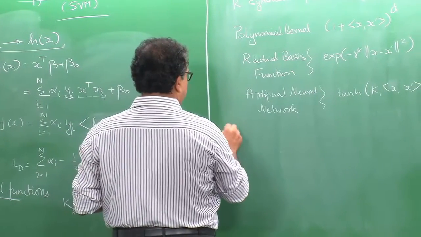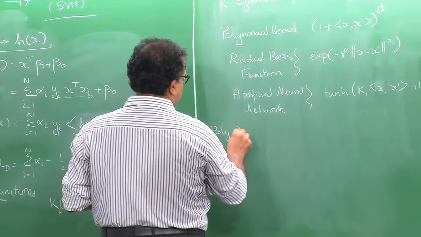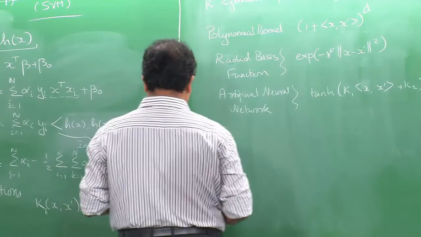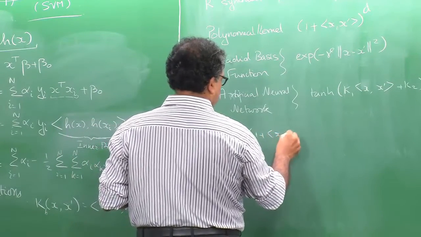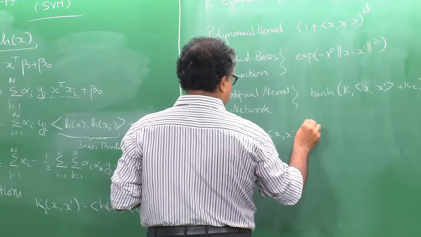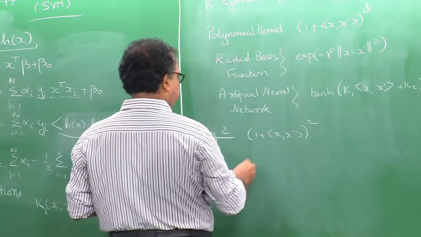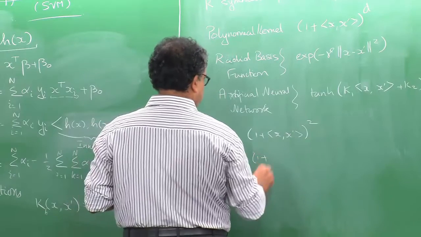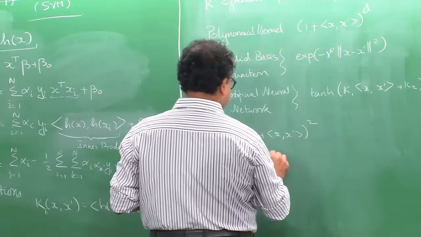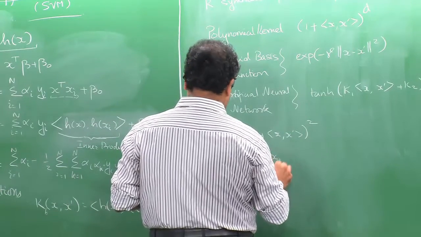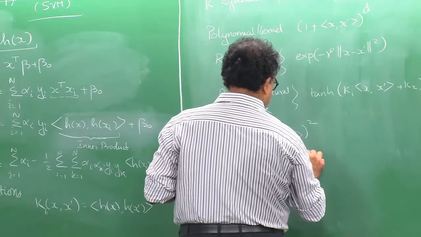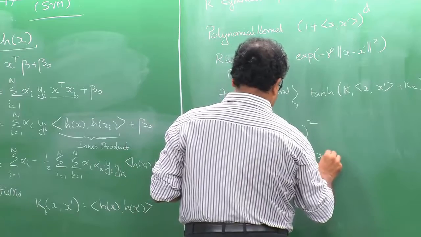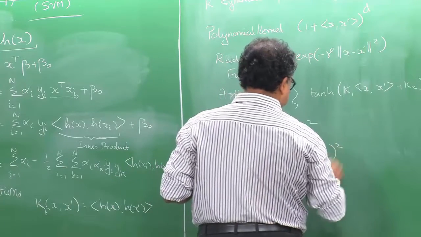I am going to look at a polynomial kernel of dimension 2. It is essentially 1 plus x transpose x prime, all squared.